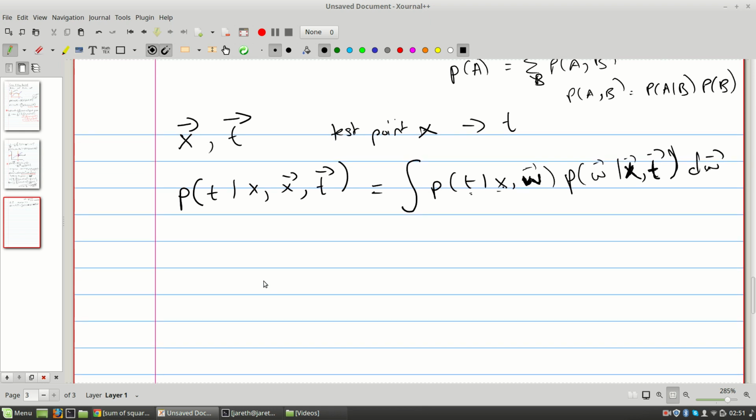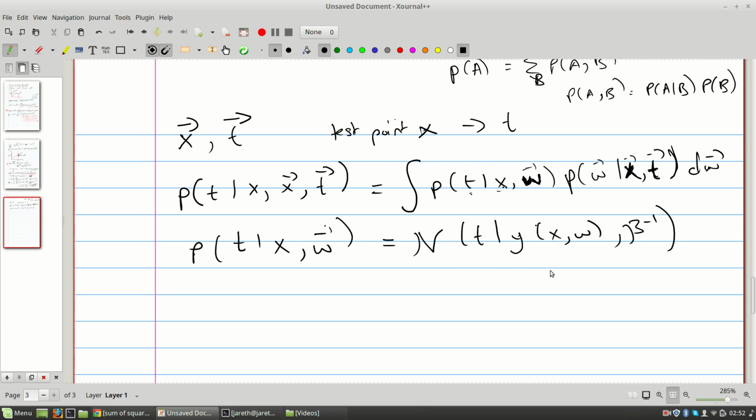Okay, so we've resolved for this. And we said that the probability of t given x comma w is given by the normal distribution of t given y of x comma w, beta to the minus 1.